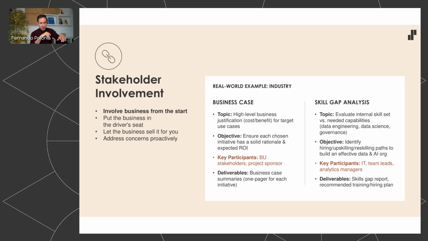BU stakeholders, project sponsors, team lead, analytics managers. We have companies that have roles like ambassadors. All of these different namings don't matter. The responsibilities matter. So you will see more in depth what we mean by responsibilities and who we should involve from that real life use case.